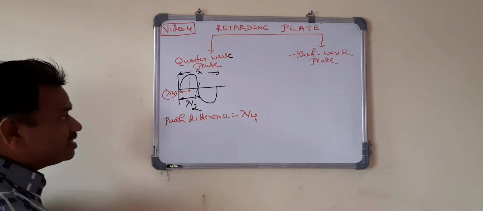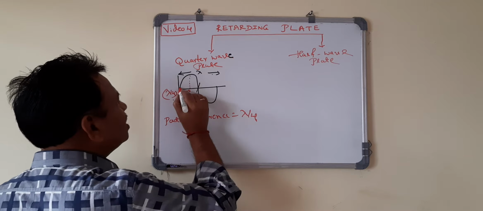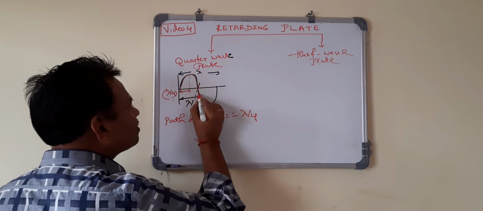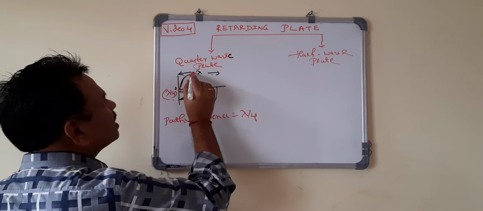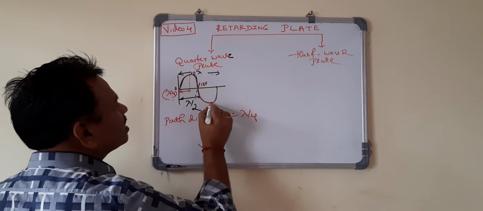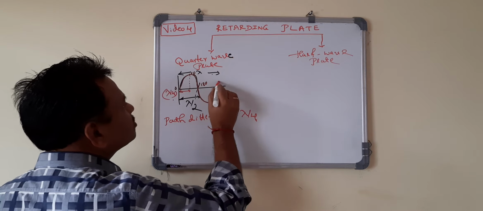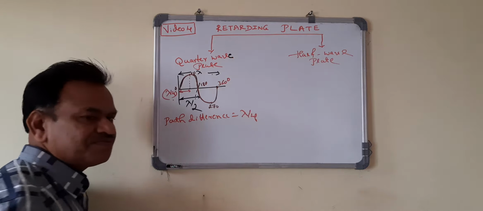And what about the phase difference? You see, this is one complete wave. For one complete wave, it is 0, this is 90, this is 180, this is 270, and this is 360 degrees.